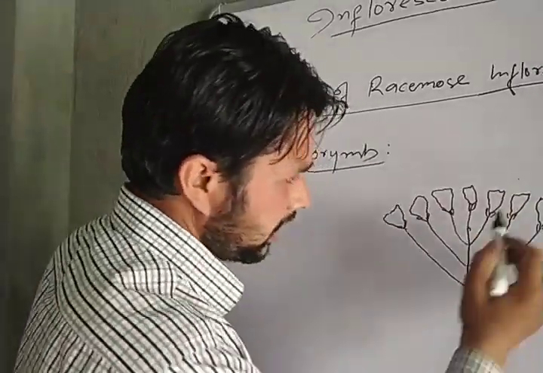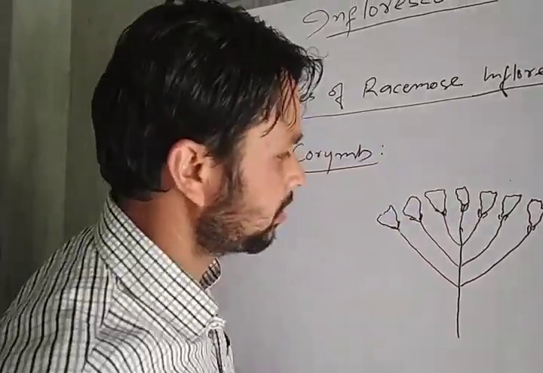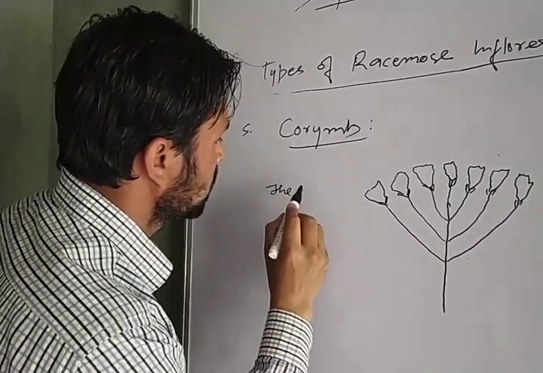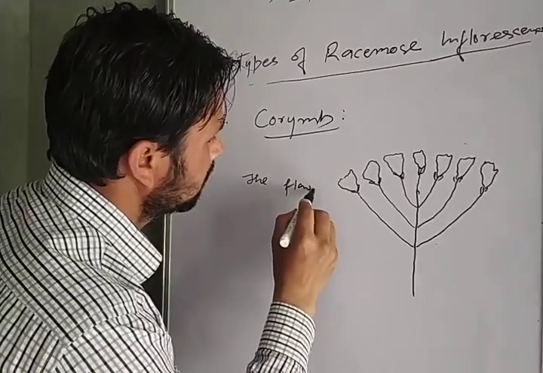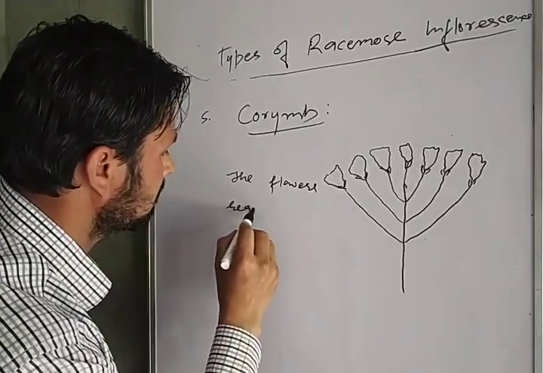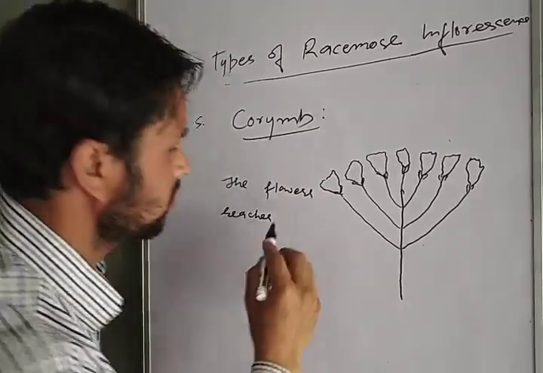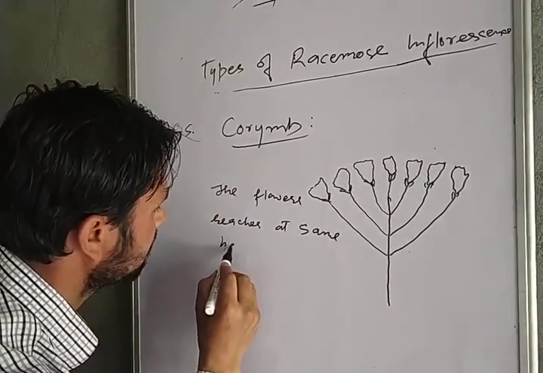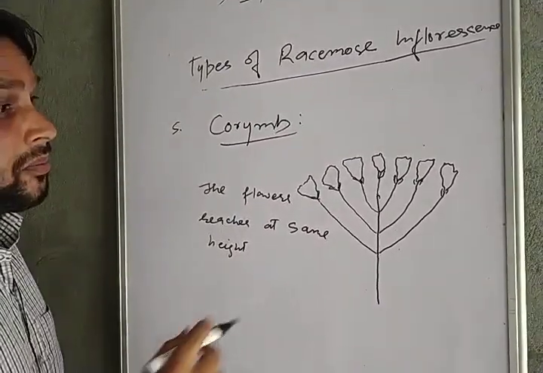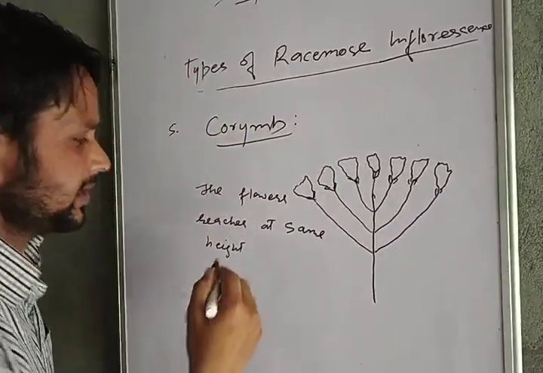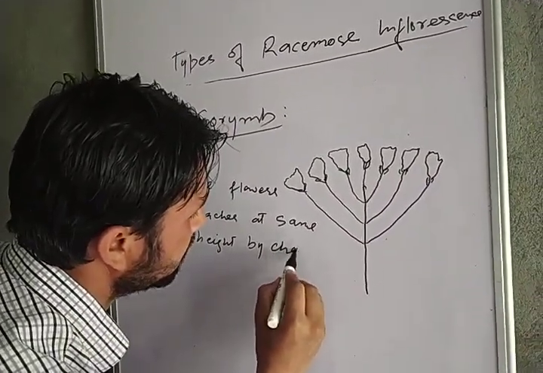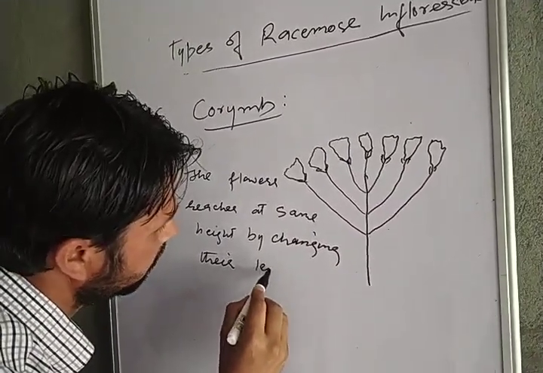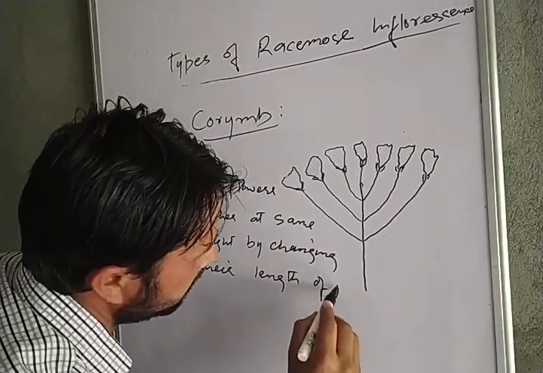So if we write about the corymb type of inflorescence, we can say the flowers reach the same height by changing their length of pedicel.